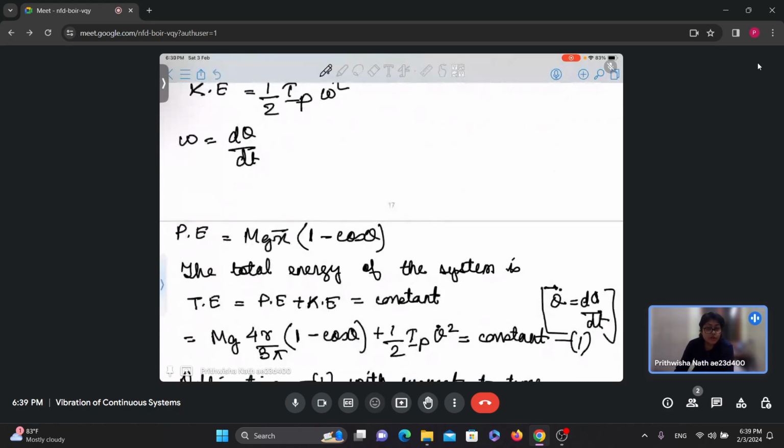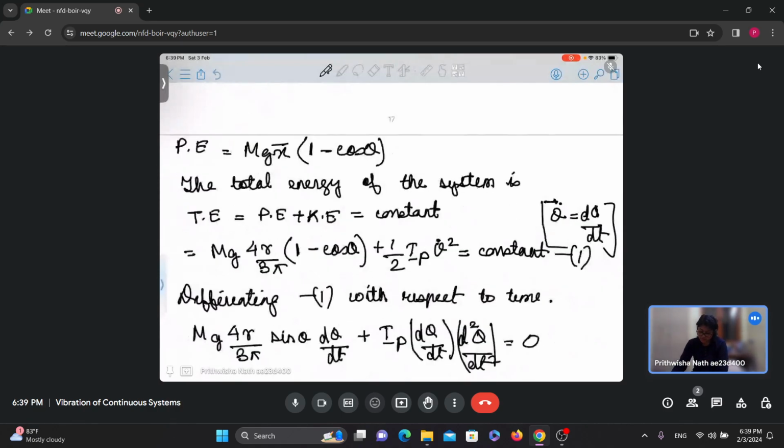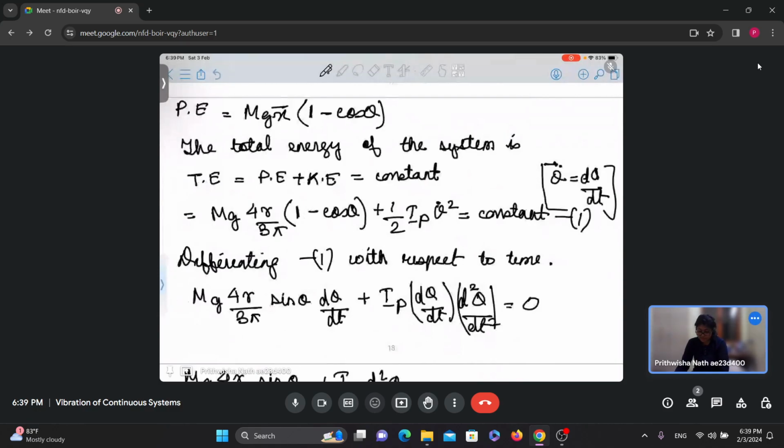So the total energy is potential energy plus kinetic energy. Now we simply substitute the values for potential energy and kinetic energy as this one. Now we differentiate this equation with respect to time. So the right hand side of the equation becomes 0 since it's constant.